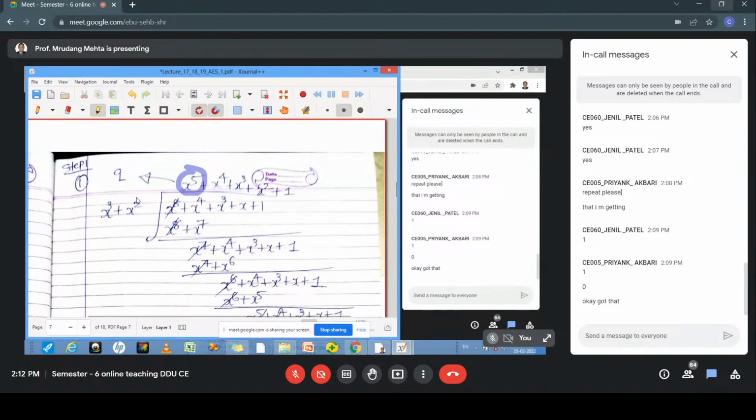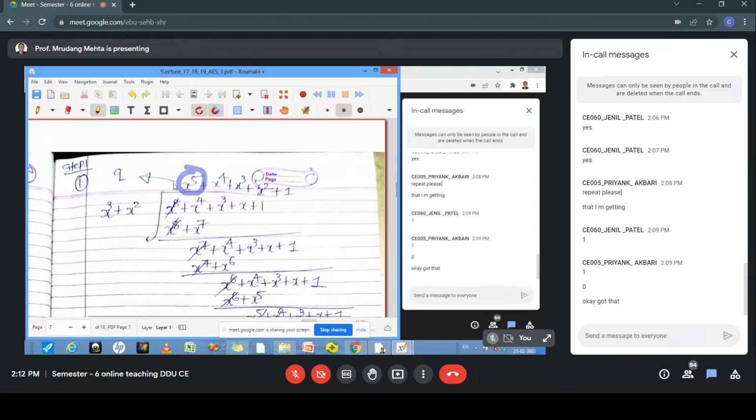If I multiply it by x5, then the highest term I get is x raised to 8. See, x cube plus x square is not in this modulus, right? So we have to find its modulus.